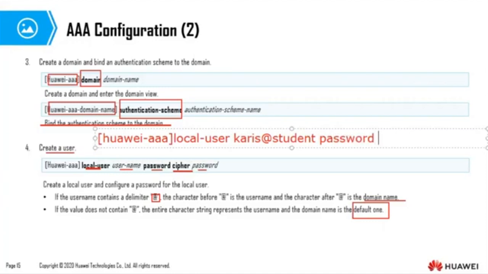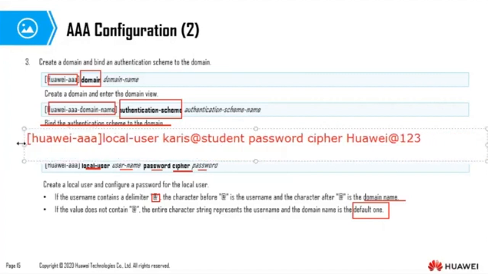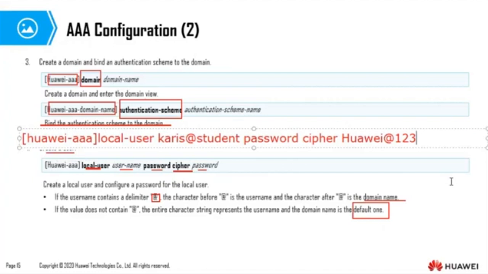Then password cipher, for example, Huawei123, like that. So if you leave out this, then they're going to be added to the default domain.